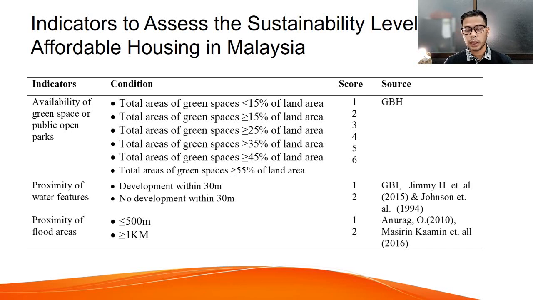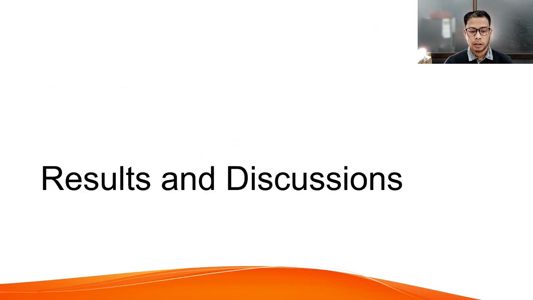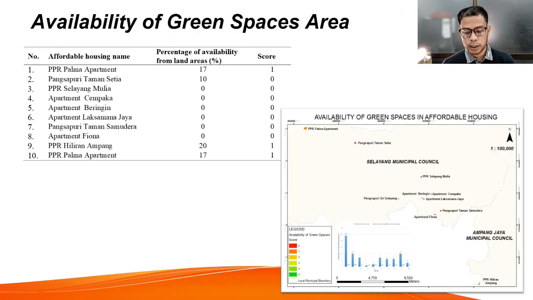From these scores we can see that if the score is lower, it means they have a less sustainable score, and if the score is higher, it means they have a higher sustainability level for each indicator. Right, so when we go to the results and discussion, we can see the first one, the availability of green space area.